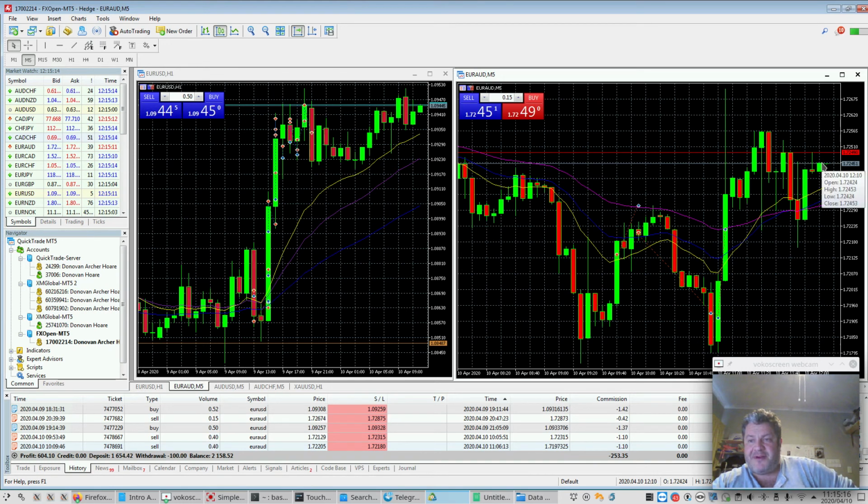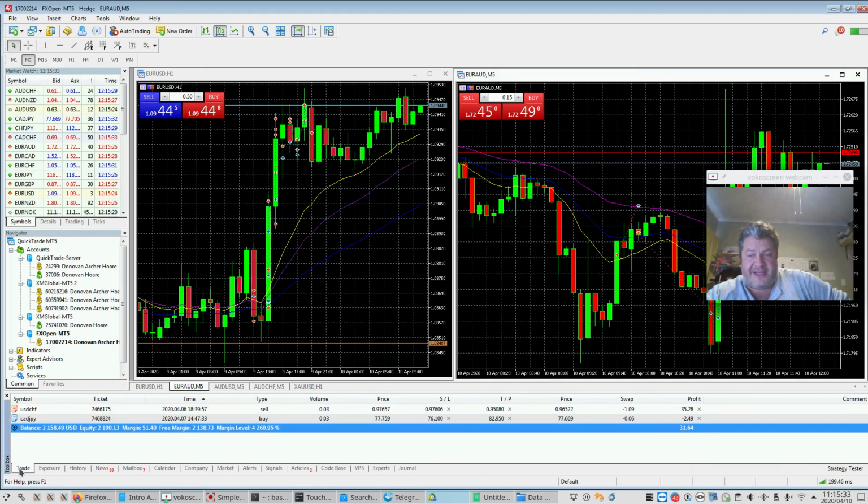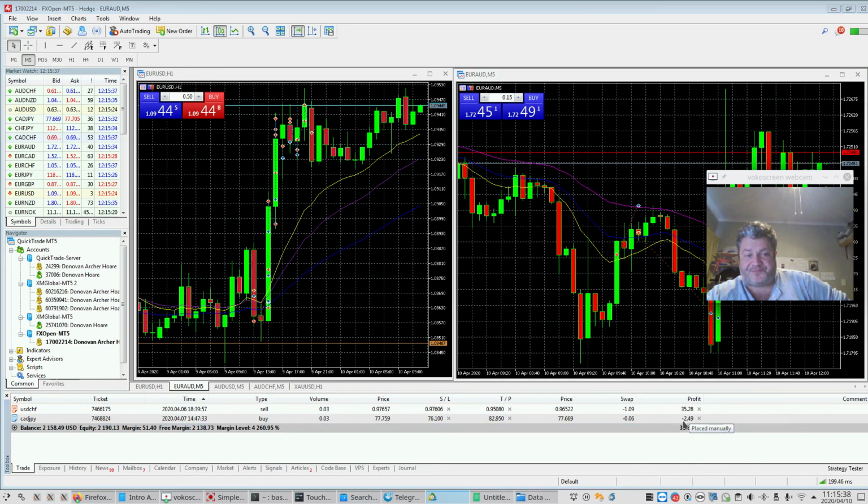For me to make profit on a buy, because it actually sold it to me at this rate at the top here, this candle has to go over this line before I start making profit. That's why when you hit buy, you are always in a negative. If I hit buy now, on my trades over here, it will show a negative straight off the bat.